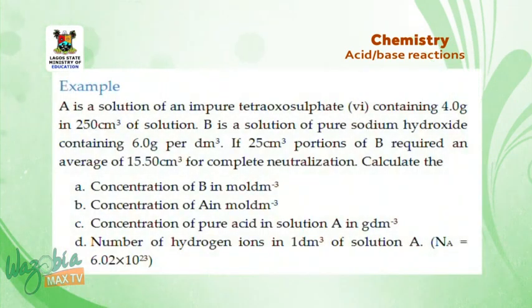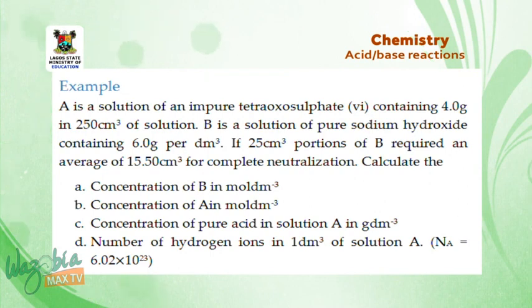Example: A is a solution of an impure tetraoxosulfate 6 containing 4 gram in 250 cm cube of solution. B is a solution of pure sodium hydroxide containing 6 gram per dm cube. If 25 cm cube portions of B required an average of 15.50 cm cube of A for complete neutralization, calculate: A. Concentration of B in mole per dm cube.